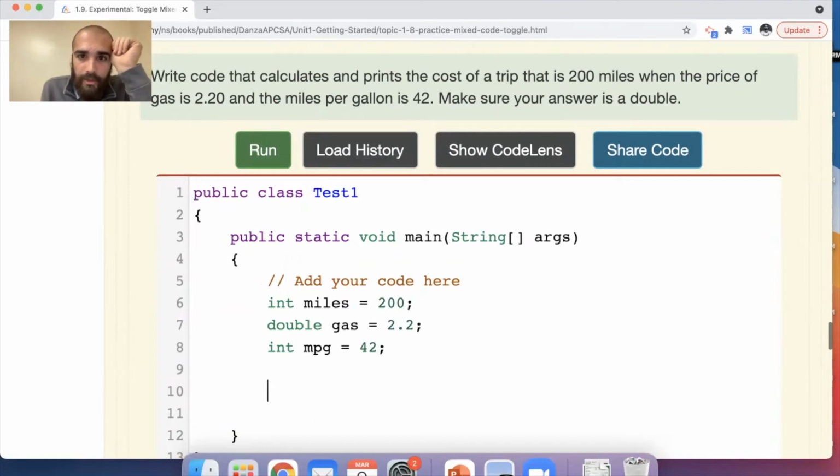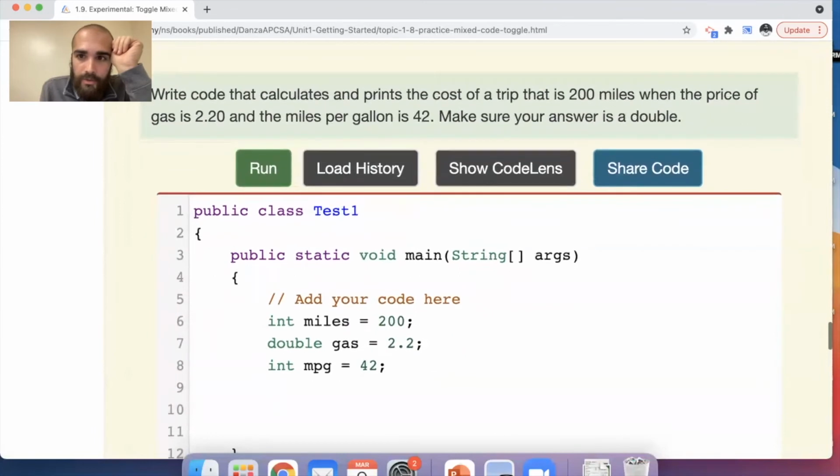So I'm going to calculate the cost of a trip that is 200 miles. So I'll say miles times the price of gas, 220, and the miles per gallon. So I'm guessing the price of gas is 220 per gallon, and the miles per gallon is 42. Okay, so if gas is 220 per gallon and I get 42 miles per gallon.